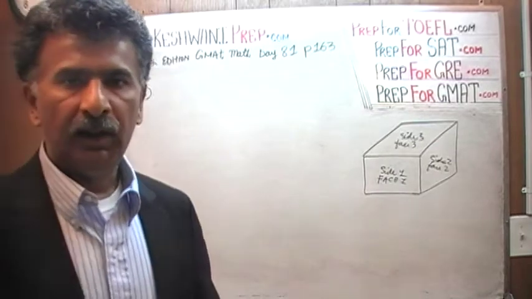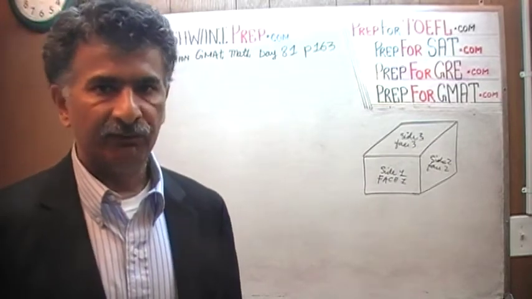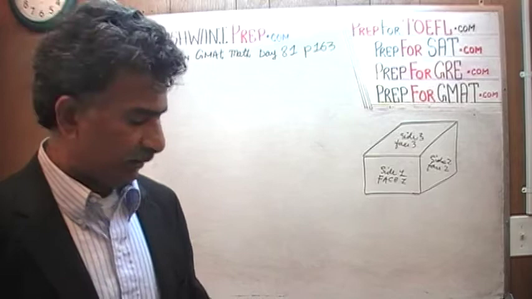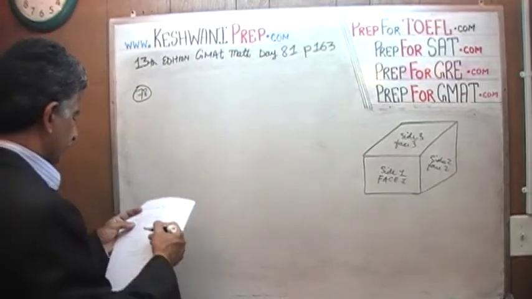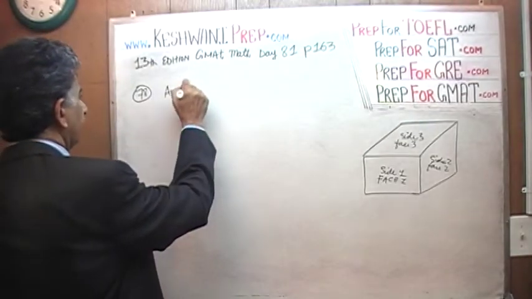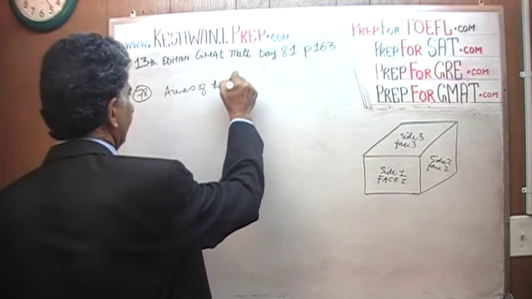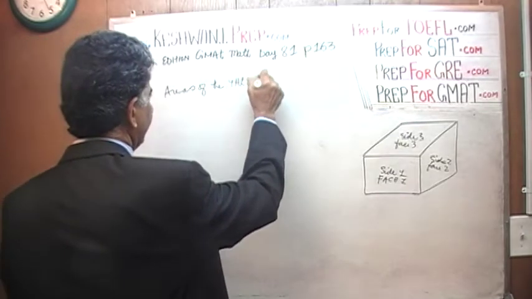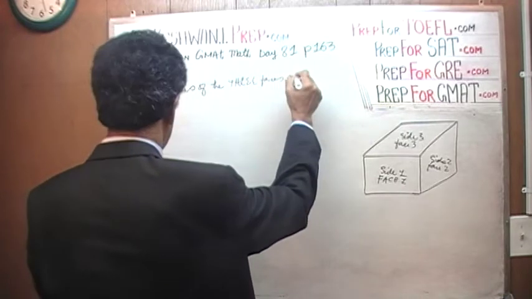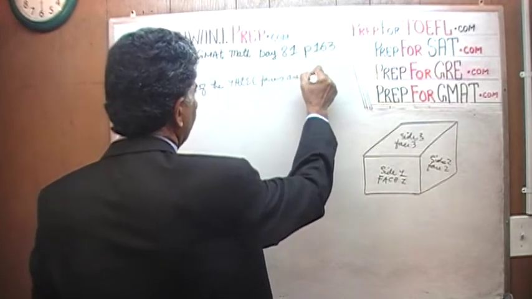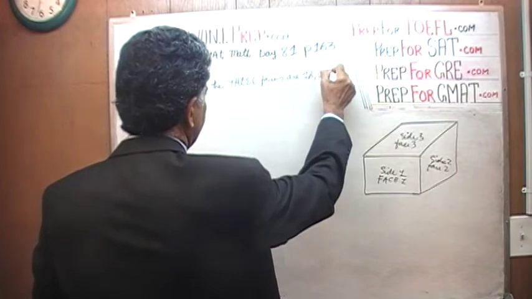A rectangular box or a cube has 6 faces. They're showing us 3 faces, and they're telling us that the areas of the 3 faces are 12, 15 and 20.